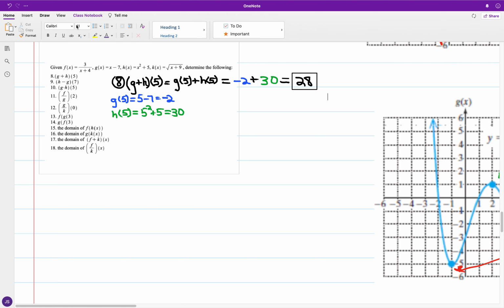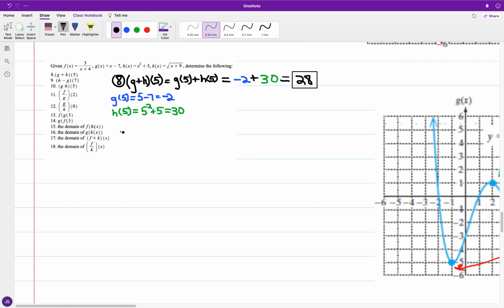Now for number 9, still working with the g and h functions, we have h minus g of 7. Expanding, this will become h of 7 minus g of 7, and with x specified at 7, we can go ahead and determine the values of h of 7 and g of 7.